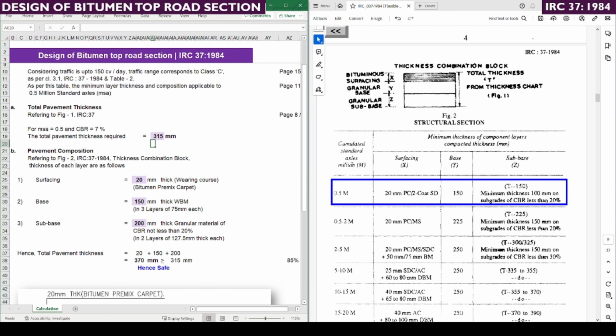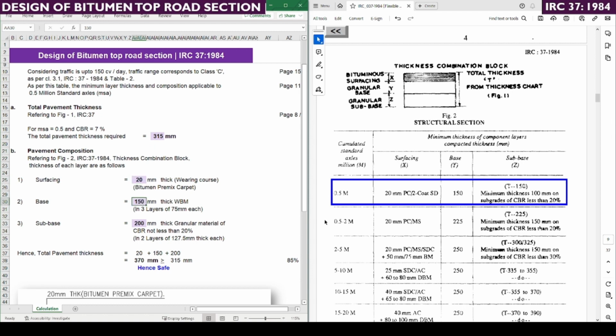For MSA, that is cumulative standard axles, of 0.5 million, we need to provide a 20 mm PCC, a bitumen coating premix carpet. So we have provided the 20 mm.